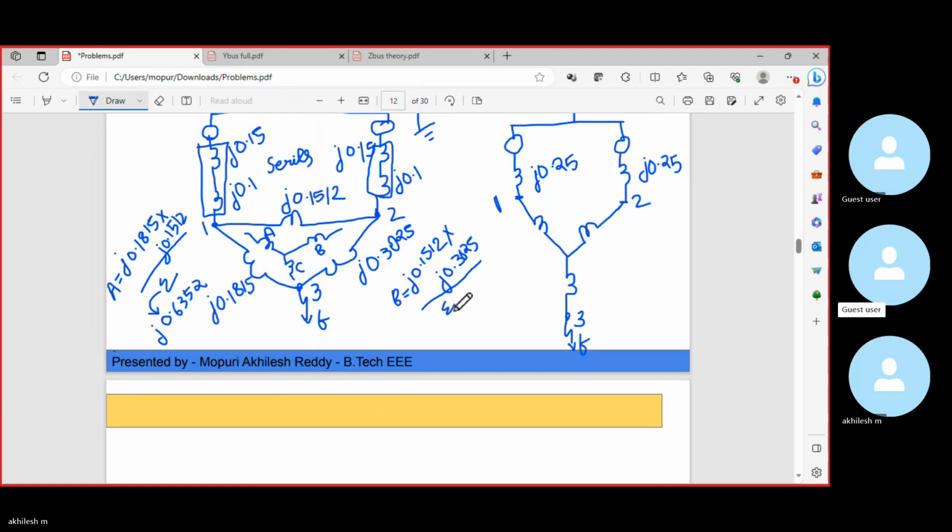The summation value is 0.6352. So A is 0.1512 into 0.1815 divided by 0.6352, and the answer is J0.0432.